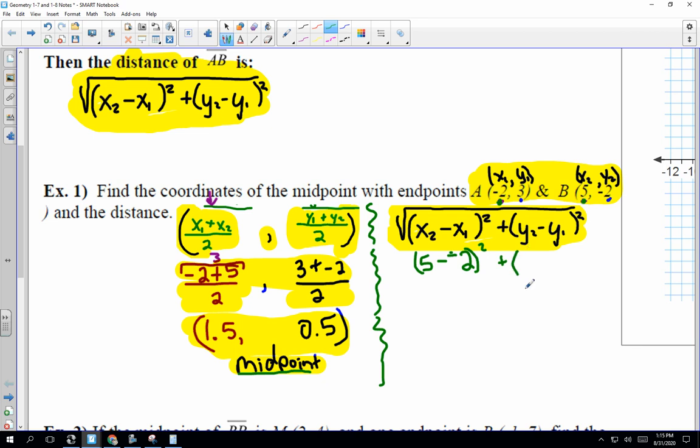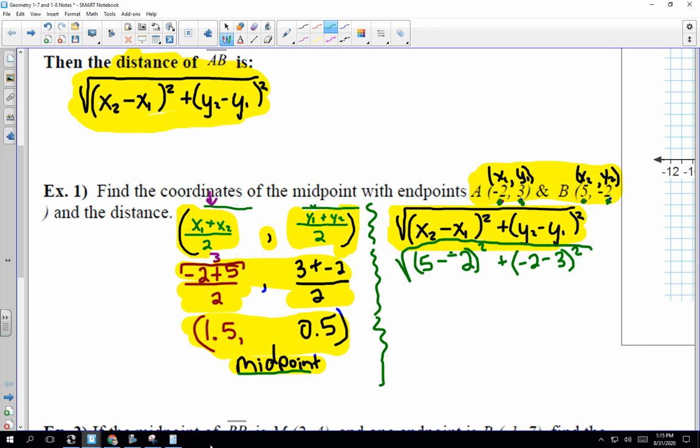I'm going to fill in all the little numbers first before I start simplifying them. y2 is -2. And y1 is 3. Okay, again, don't forget the square root here.